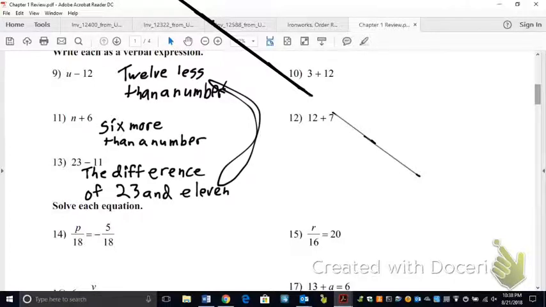Because it's r divided by 16, we want to multiply by 16. That cancels out the 16s because 16 divided by 16 is 1. 1 times r is r. So now we've isolated that variable. On the other side, gotta do it. Golden rule of algebra: do it to one side, gotta do it to the other. So you have 20 times 16, so you end up with r equals 320.